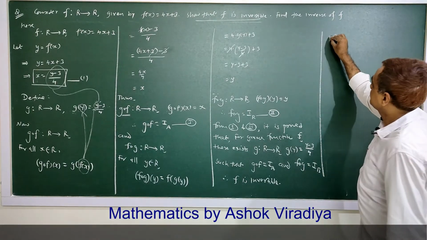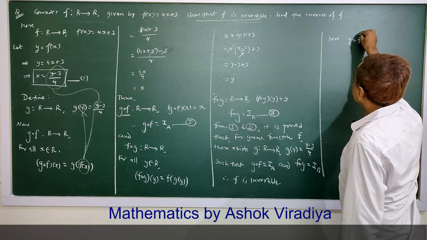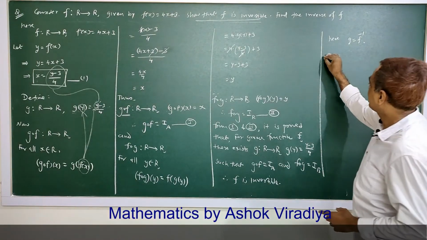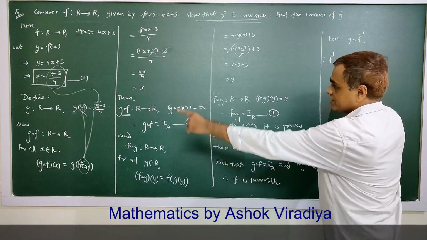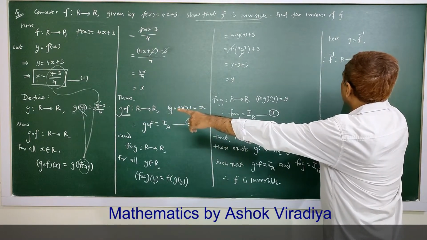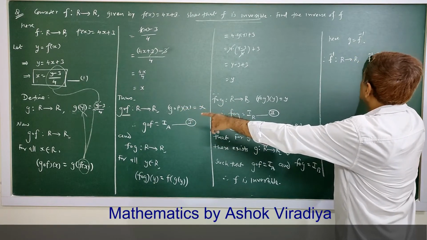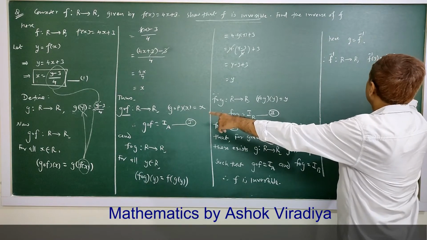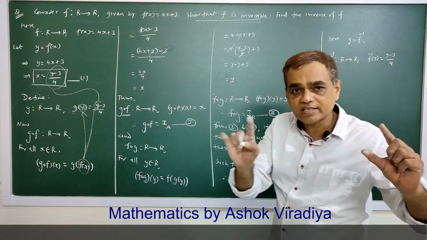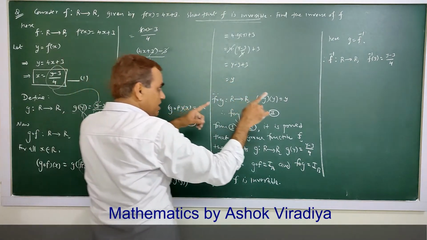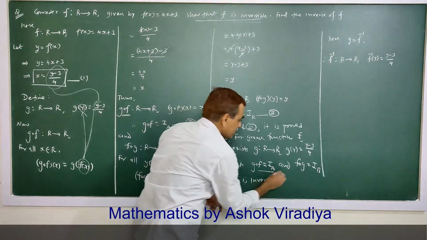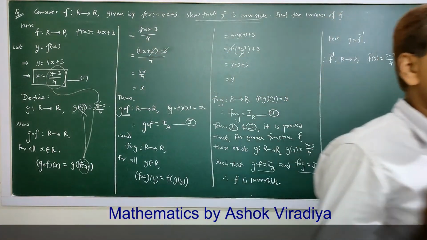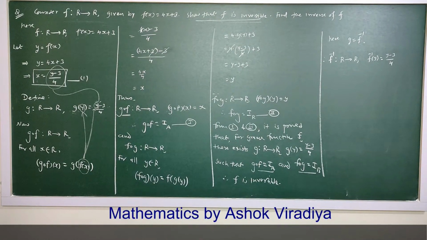Here g is the inverse of f, therefore replace g by f inverse. F inverse of y is equal to (y − 3)/4. Only one line: replace g by f inverse if g is satisfying this condition. This is the method to find the inverse and to show the function is invertible.